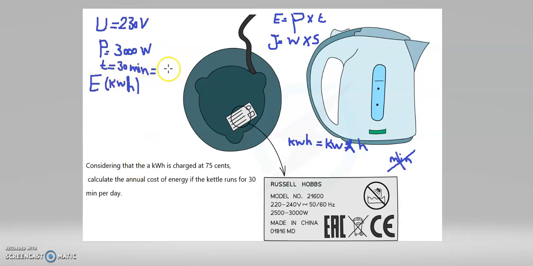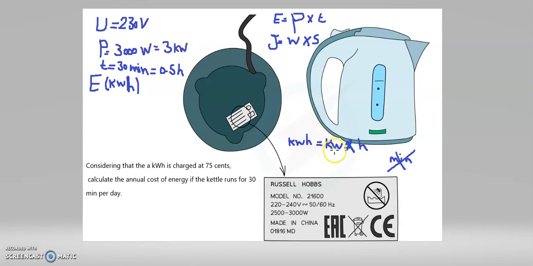So 30 minutes is 30 divided by 60, 0.5 hours, and 3000 watts divided by 1000 is 3 kilowatts.